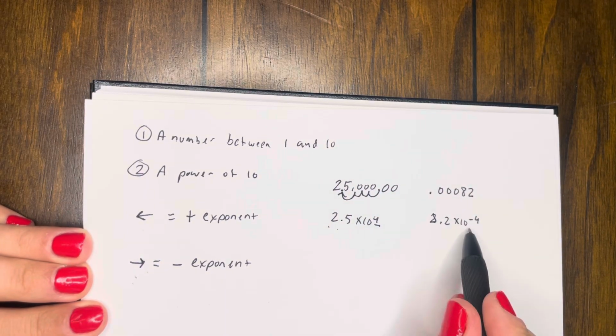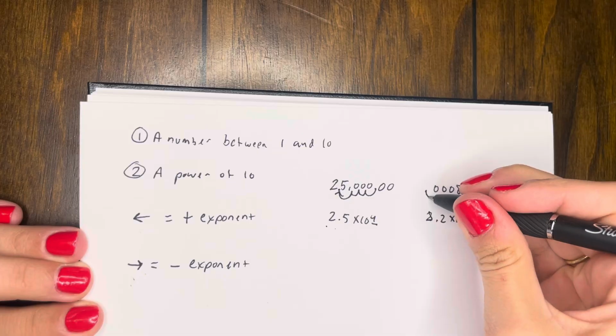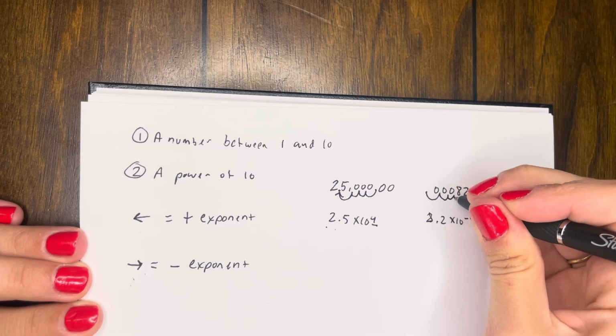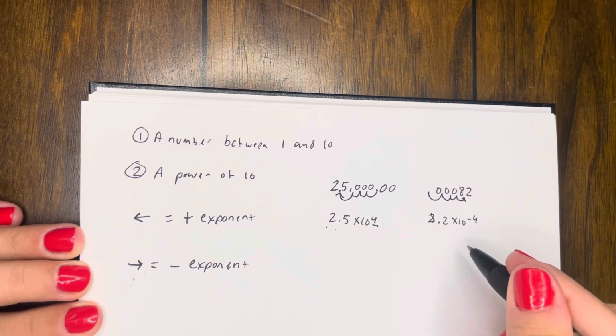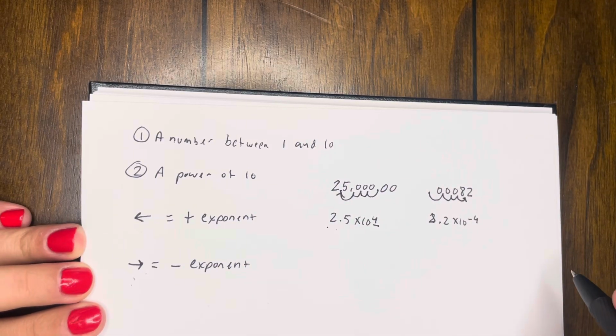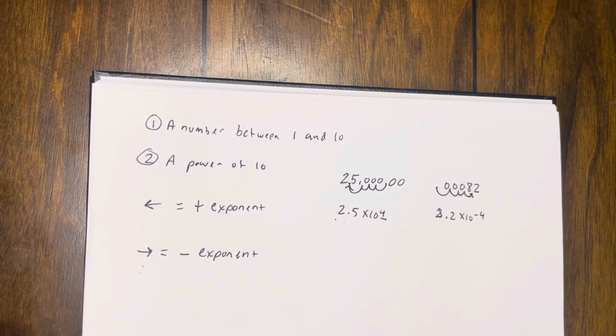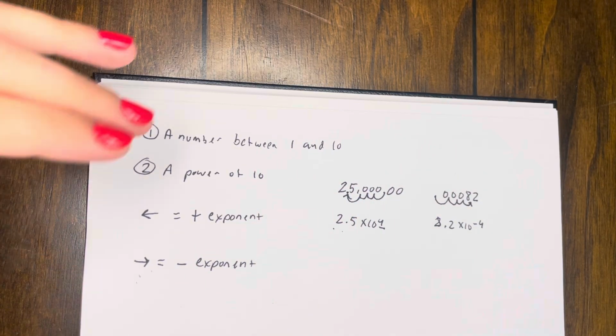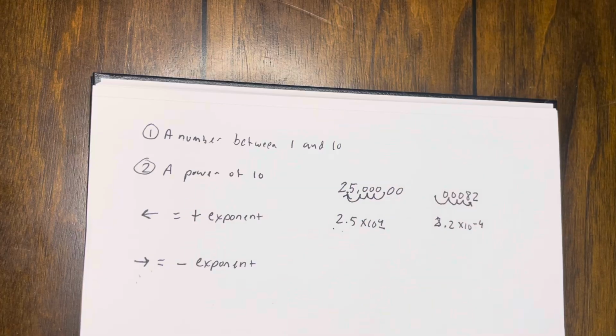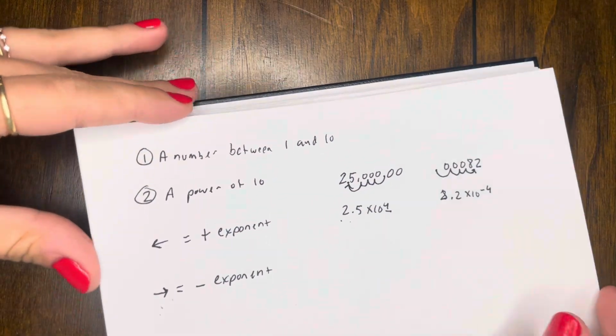And so we will have a negative exponent. So we move it over 1, 2, 3, 4 places. And so you have 8.2 times 10 to the negative fourth. When you do this, it becomes easier to read and compare. And so it makes solving mathematical equations so much easier.